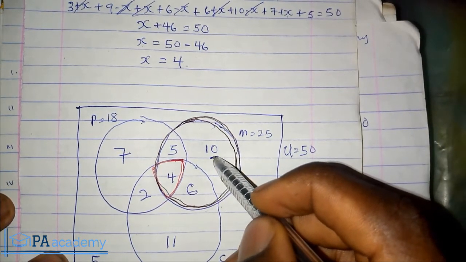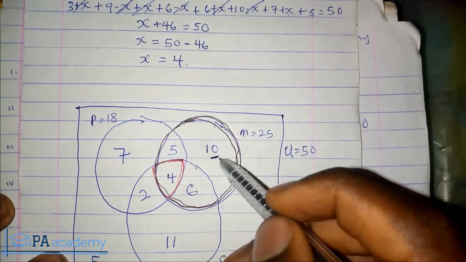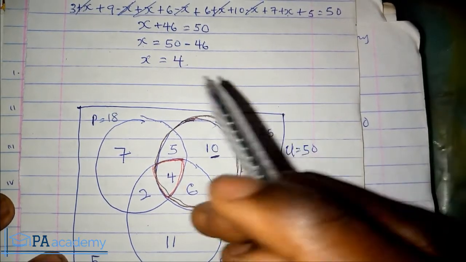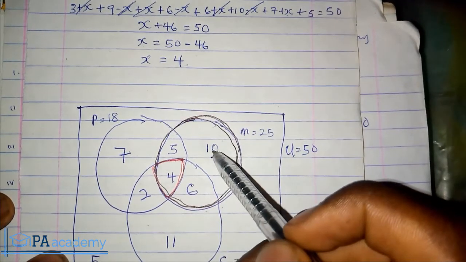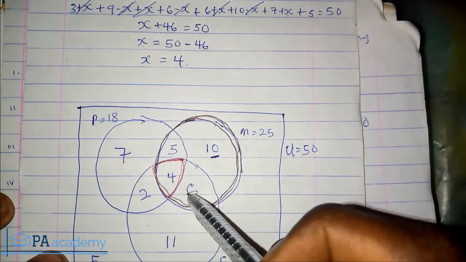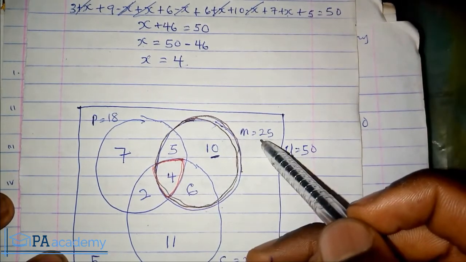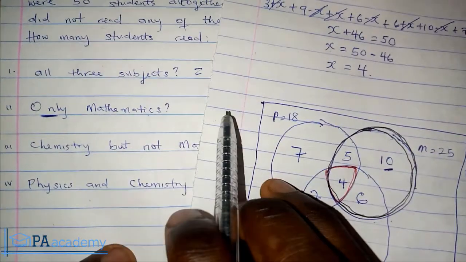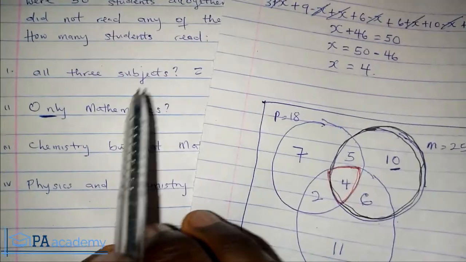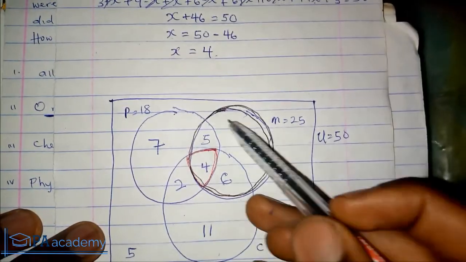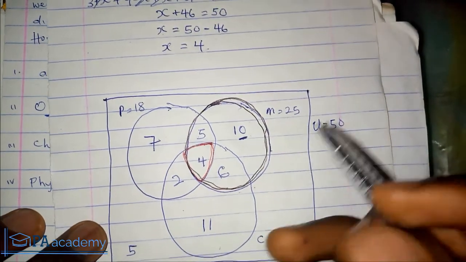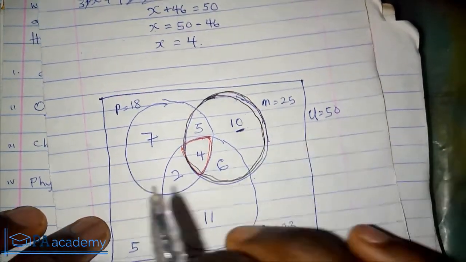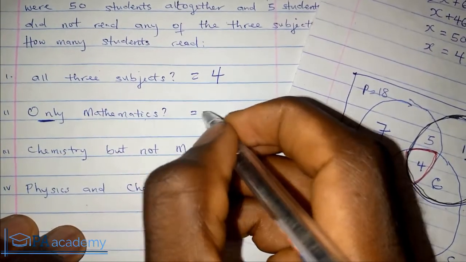This is just the total number of students that study only mathematics. Assuming they ask how many students study mathematics, then we can add 10 plus 5 plus 4 plus 6, and it will give us 25. But since it's only mathematics, it is 10.